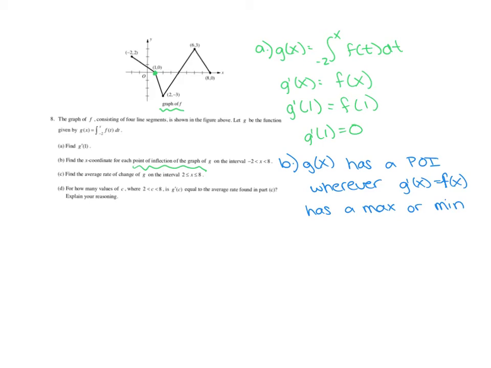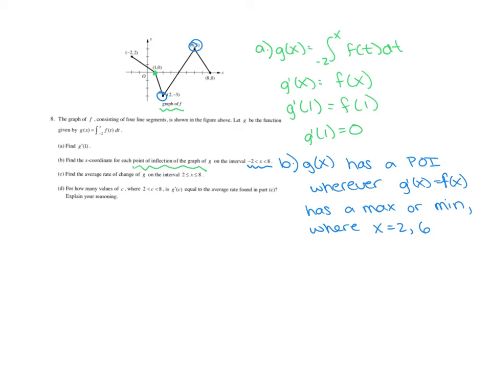For this, we're going to ignore endpoints because this is an open interval. It doesn't include -2 or 8, it's just the values in between. So we look in between, we look at our graph and we look for mins and maxes. I have 1 min and 1 max. So we have where x is 2 and 6 as our answer for that.